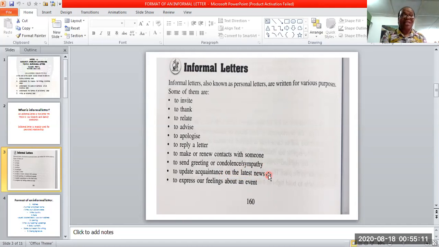Are we together? Beautiful. We can write a letter to update an acquaintance on the latest news. Yes, you can write a letter to your friend, that friend that is in Hawaii, to discuss those interesting things that you are interested in. Now, you are going to write common entrance. Tell her that news.